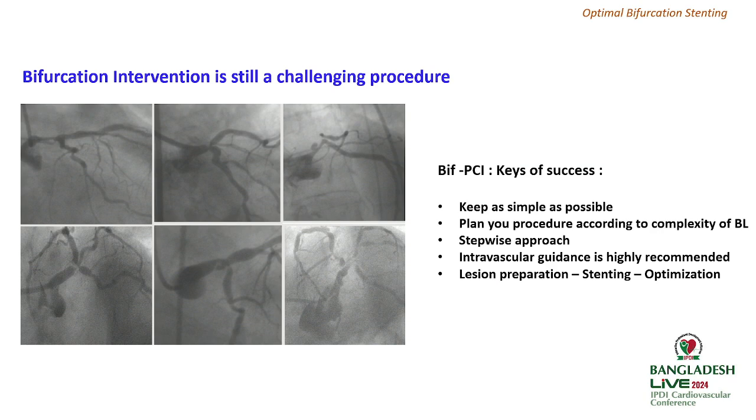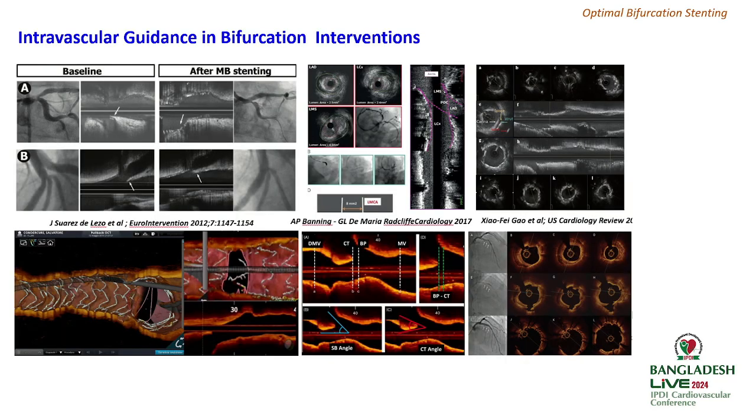Whatever is the strategy, stepwise approach. Intravascular guidance is highly recommended, as we have seen in the live case. Lesion preparation, stenting, and optimization. So these are the steps in the bifurcation intervention.